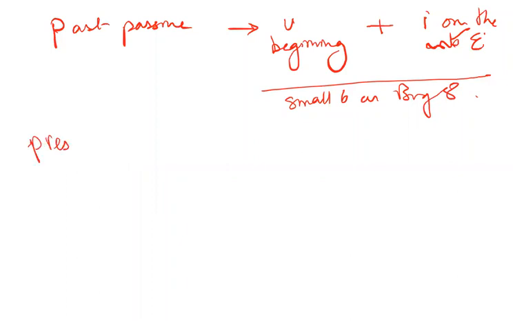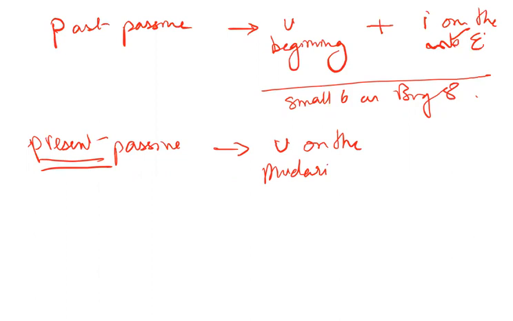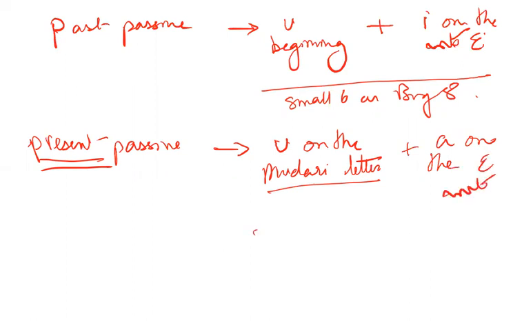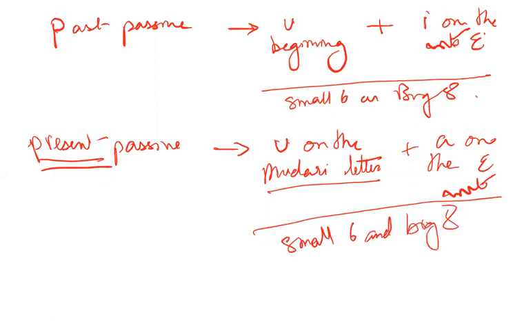For the present passive, you will have U on the mudare letter, because in the present tense you will always have the mudare letter in the beginning, and then A sound on the ain kalima. And this too is for small 6 and big 8 families. So this is the formula that you need to remember for the passive, past and present.